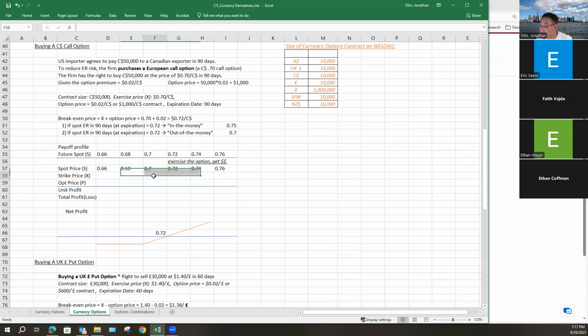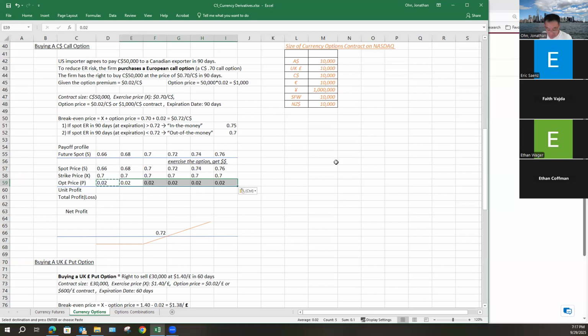And strike price is 70 cents, 70 cents there. In all cases the strike price is 70 cents. It's the contractual price for your purchase, and you pay 2 cents as option price.